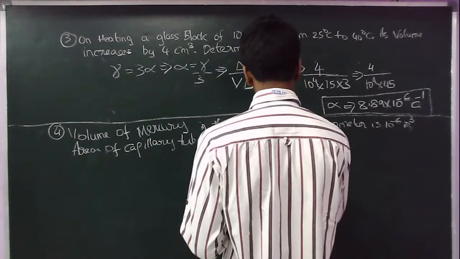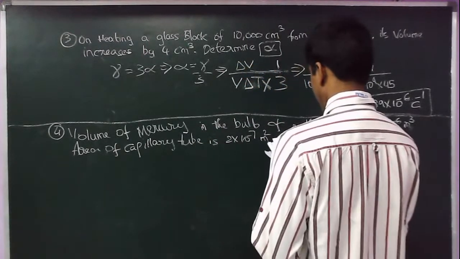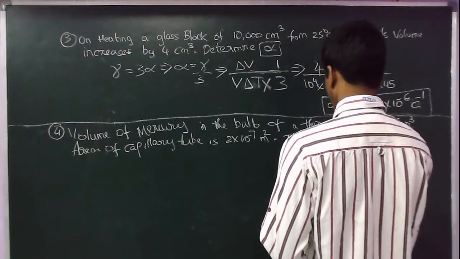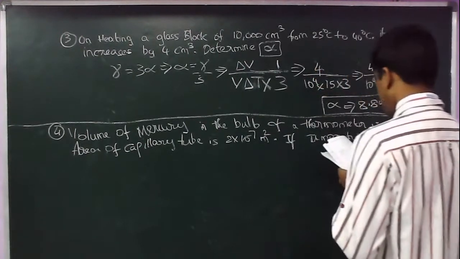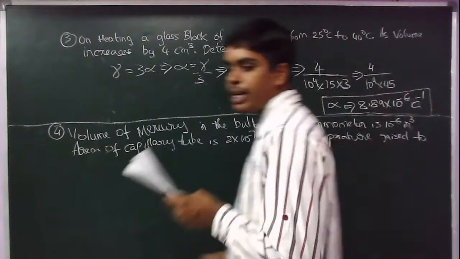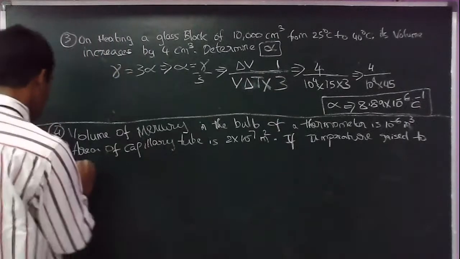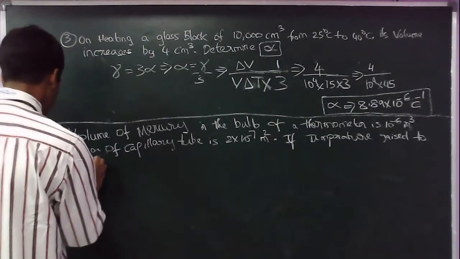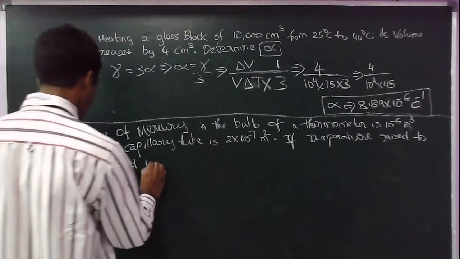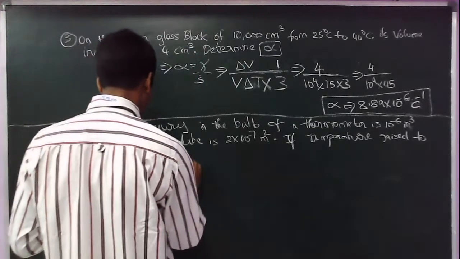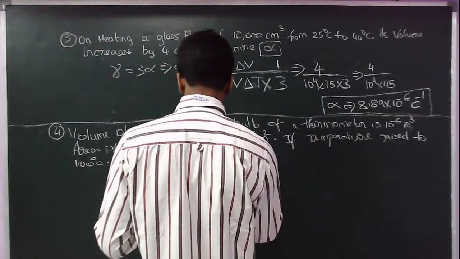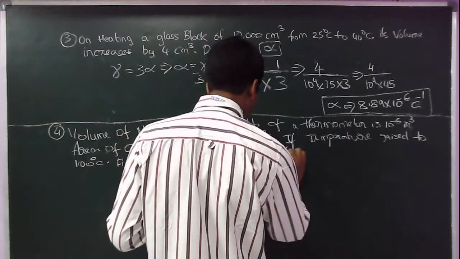If the temperature is raised to 100 degrees Celsius, find the increase in length of the mercury column.